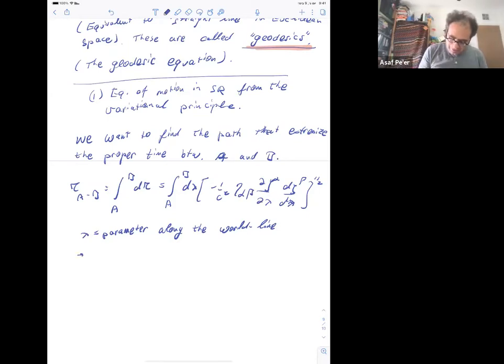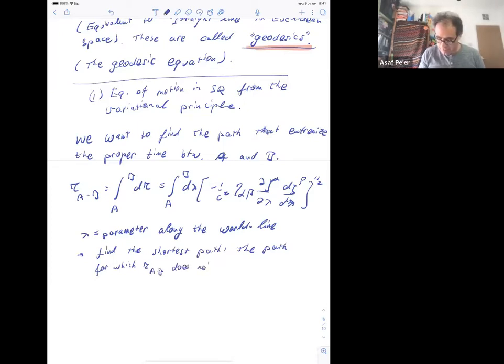So let's say we find the shortest path, the path for which tau maybe does not change, and for small change, delta psi.